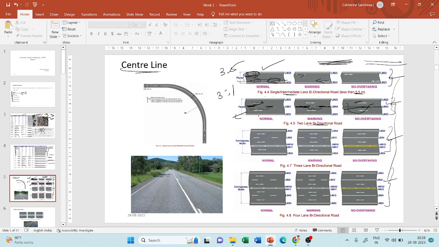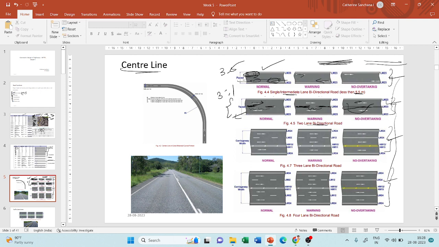So in this case, or maybe when the number of lanes is equal, the center line will always be in the center, okay. You will be having two lanes in one direction and two lanes in the other direction. If you have an equal number of lanes carrying traffic in both directions, then the center line will obviously be at the center.